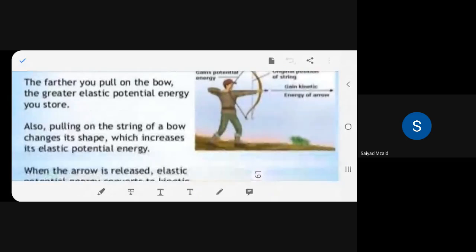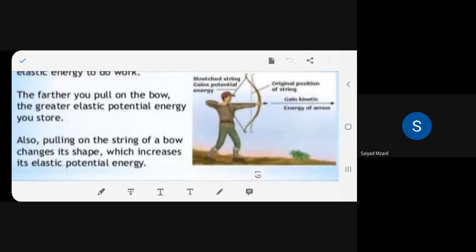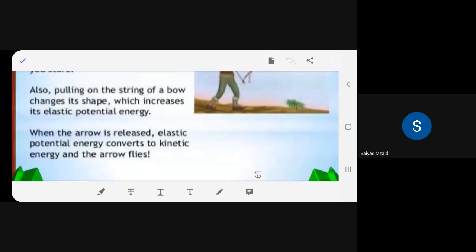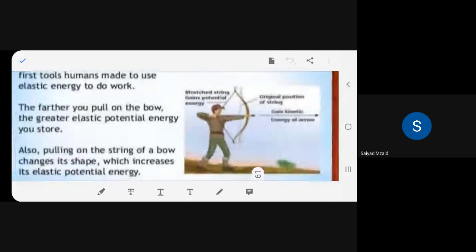Now, when you are pulling the string, the shape has changed. Can you see this? Earlier it was only like this. See, earlier it was like this. But when you pull it, the shape changed. That means it is increasing the potential energy. And when you release the arrow, what is happening? See, this is stationary now. This is not moving.